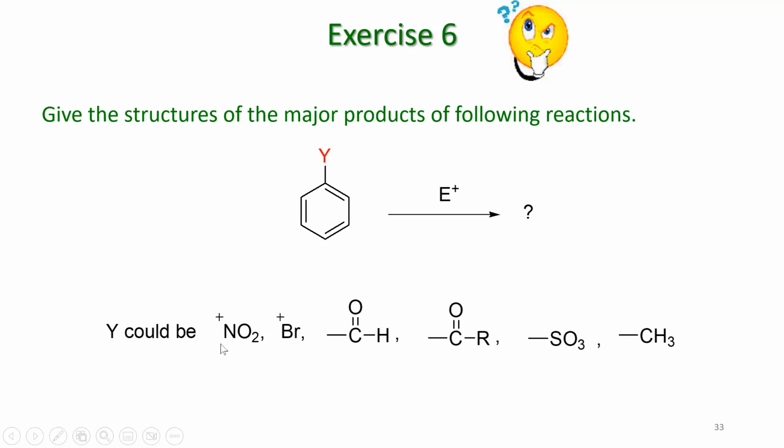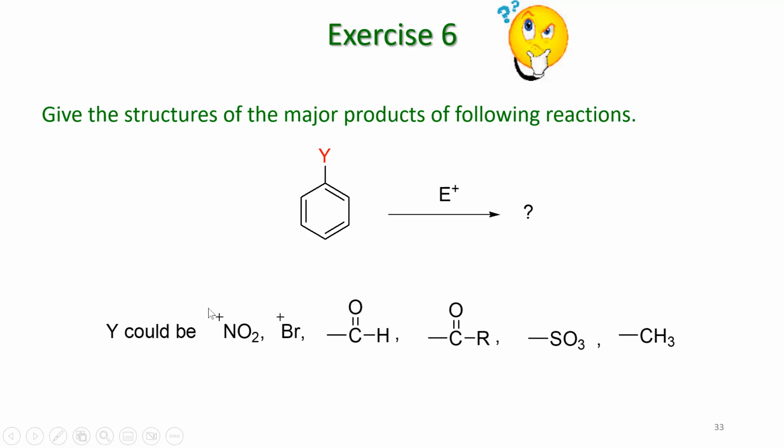Give the structures of the major products of the following reactions, right? So if Y is nitro, what is happening when the electrophile is attacking the benzene ring? You consider now the nitro group. You have to know what is done by the nitro group, NO2, whether it is pushing electrons to the ring, or pulling electrons from the ring, or donating electrons to the ring, or withdrawing electrons.